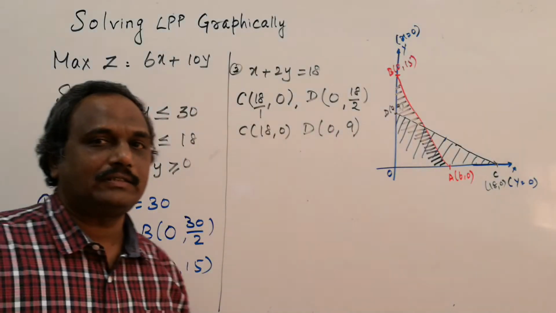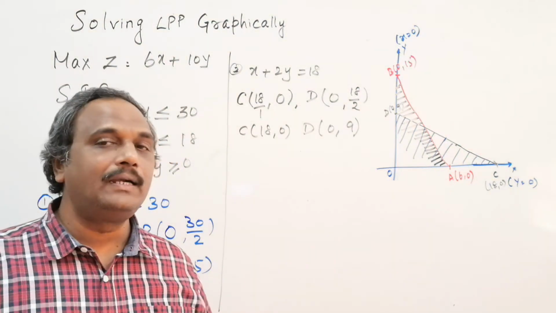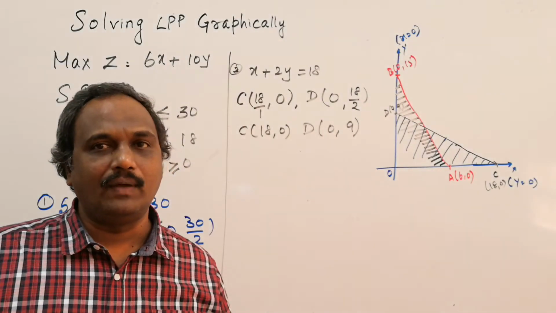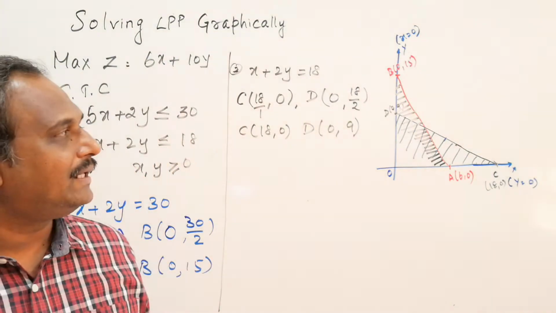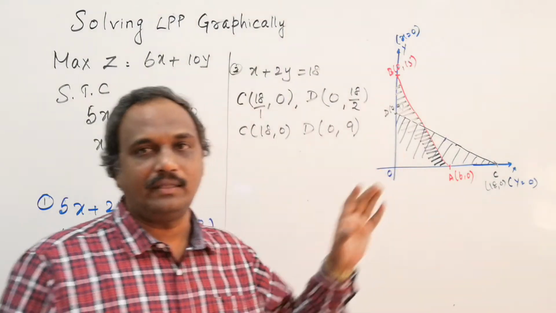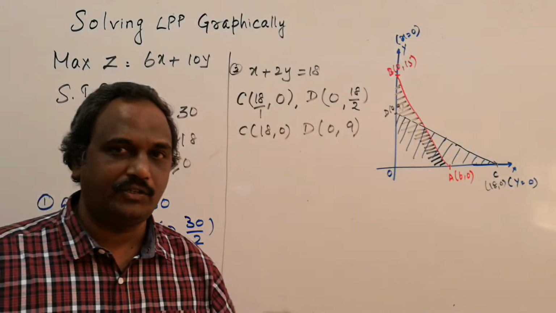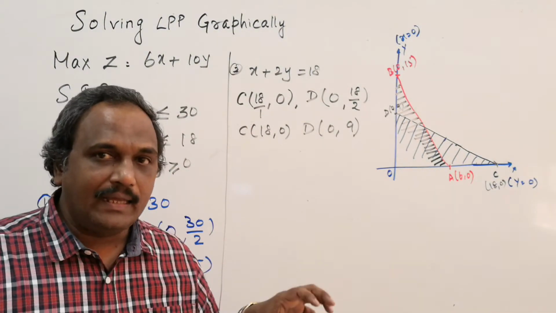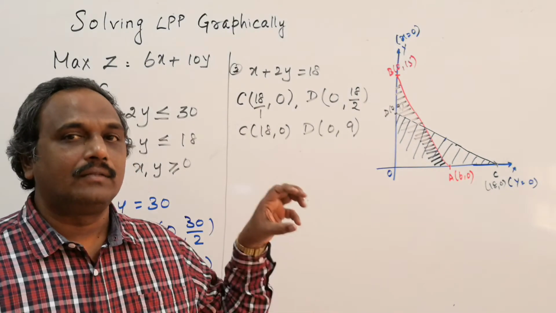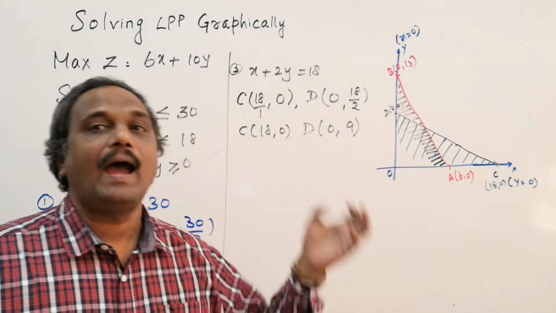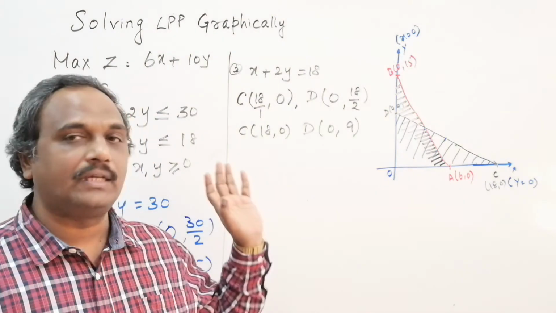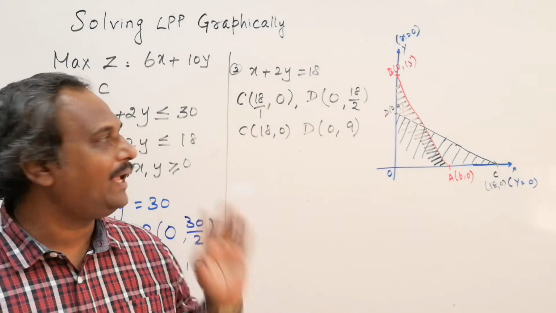Now we are going to discuss the feasible region. When we were discussing chapter 1, we said what is the meaning of feasible region: the area where the solution may occur, the area of possibilities.